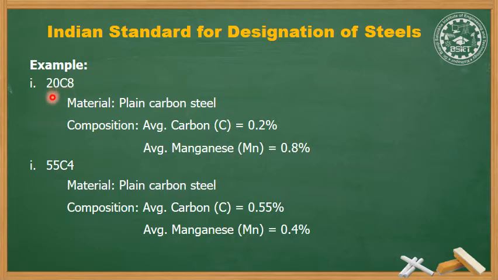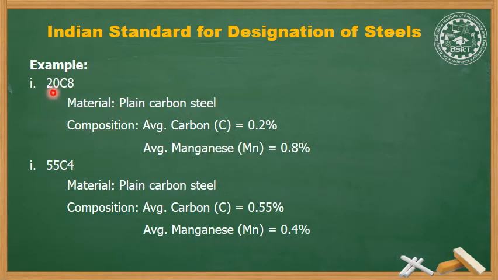Here instead of X we have 20 and instead of Y we have 8. So this is similar to our designation of plain carbon steel, XCY. In such a designation the material will be plain carbon steel and the composition of the material is given by this 20.